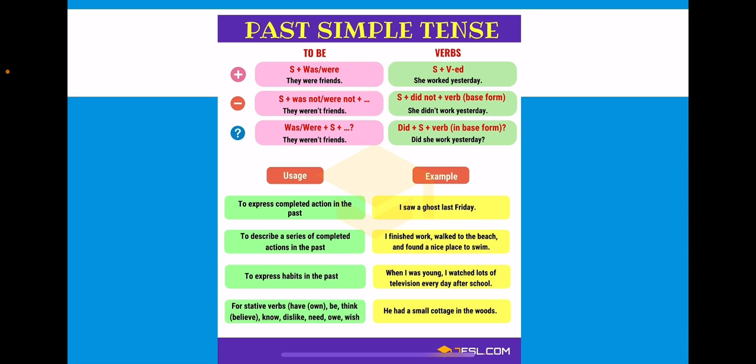Or the past simple. Okay, now here, girls, and it says first stative verbs. I don't know if we've reviewed that, but on the bottom, if you guys see here, for stative verbs like have, be, think, believe, know, dislike, need, owe, and wish.